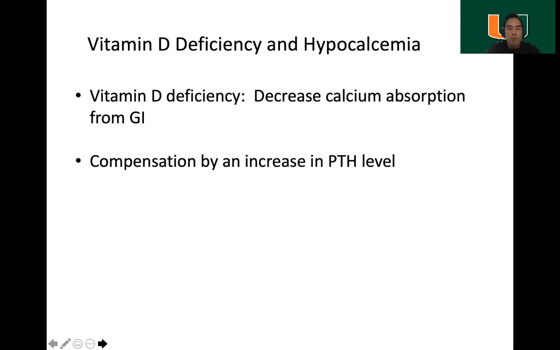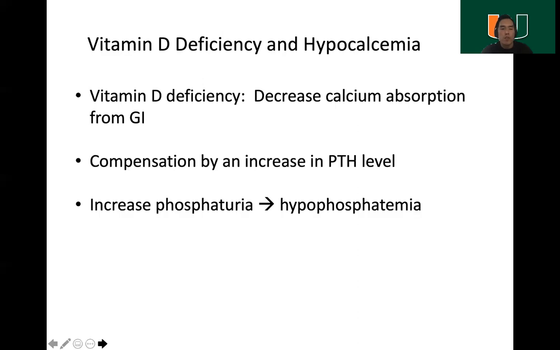But if you have a very prolonged period of vitamin D deficiency, the high PTH will start to cause increased phosphaturia. Remember, PTH causes phosphaturia, so it can cause hypophosphatemia. Remember we talked about calcitriol, which is also important for phosphorus absorption.